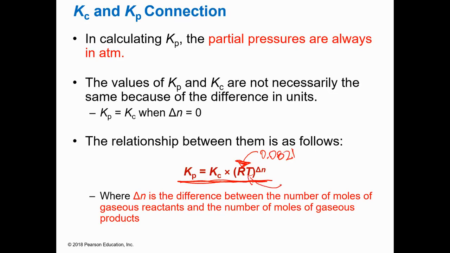And temperature is always going to be in Kelvin. And remember, Kelvin is 273 plus Celsius. That delta N is the difference between the gas moles of reactants and the gas moles of the products. So it's still going to be products minus reactants because it's final minus initial.